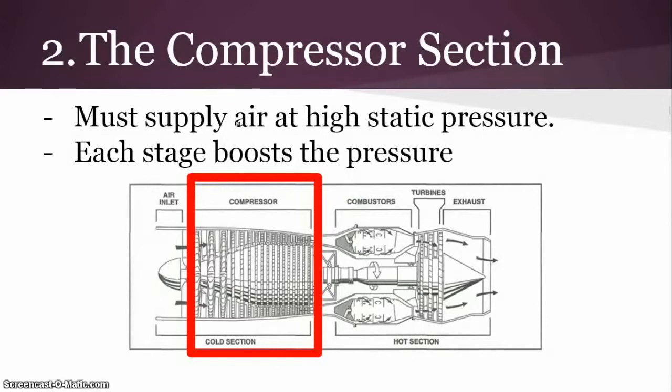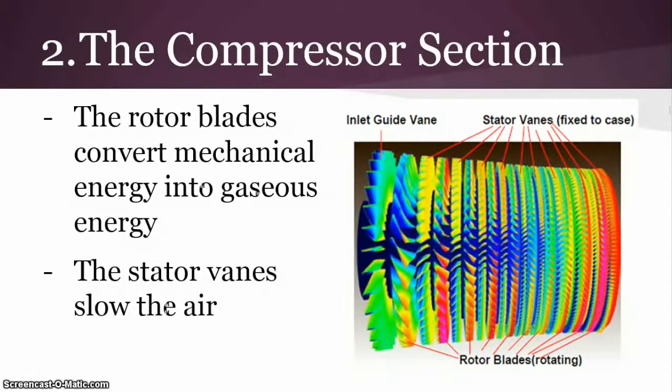In an axial flow compressor, which is primarily used in industry, each stage boosts the pressure from the previous stage. A single stage of compression consists of a set of rotor blades attached to a rotating disc, followed by stator vanes attached to a stationary ring.